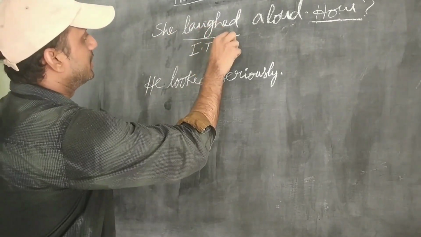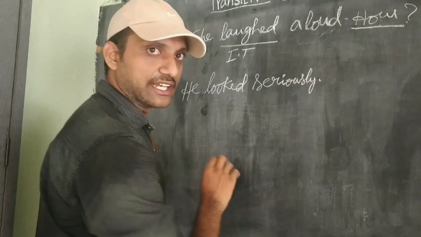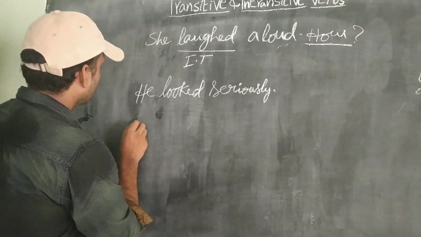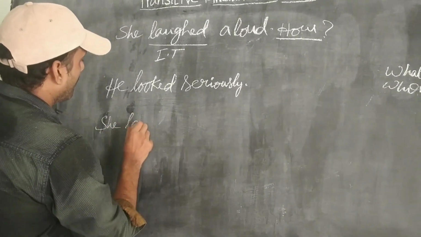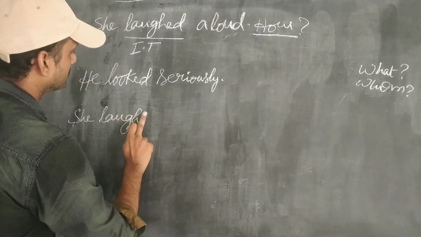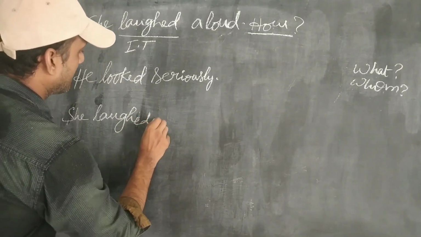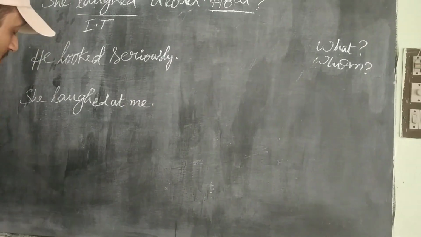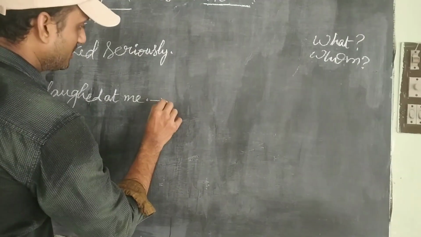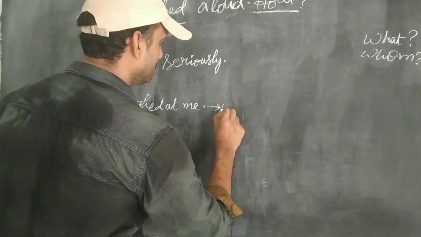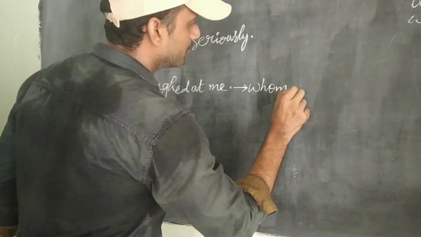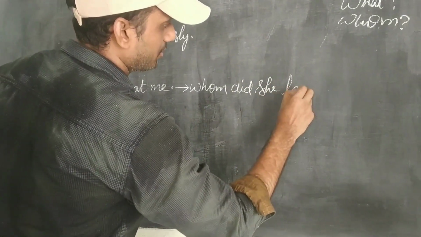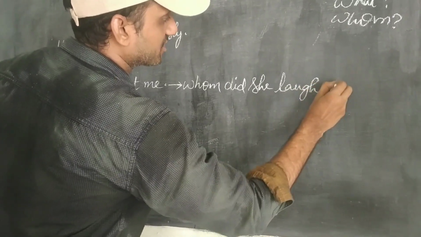How to change an intransitive verb into transitive? Let us see. She laughed at me. Now we have to change it into a question. Whom did she laugh at?